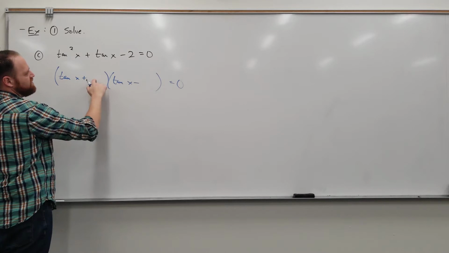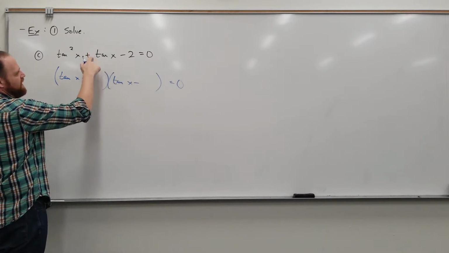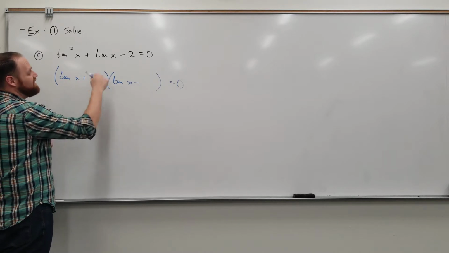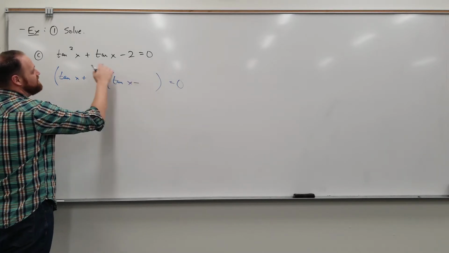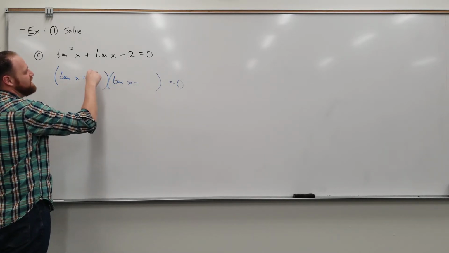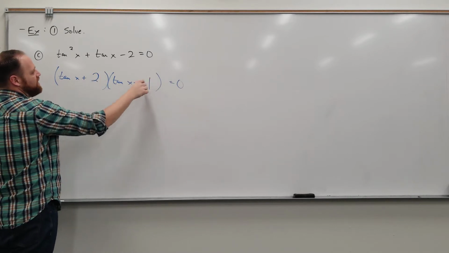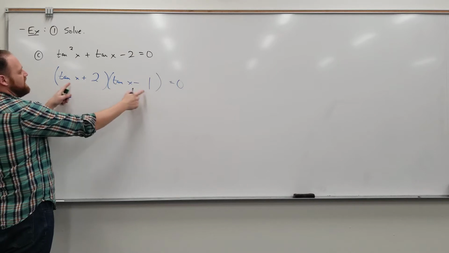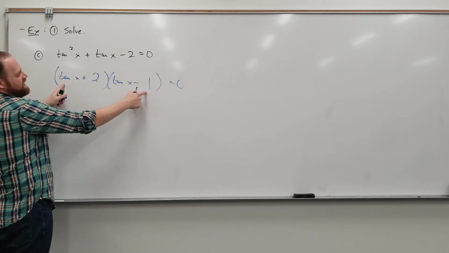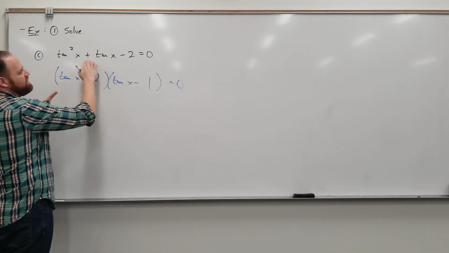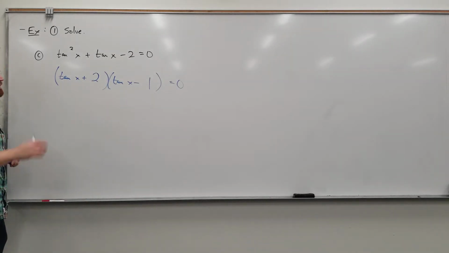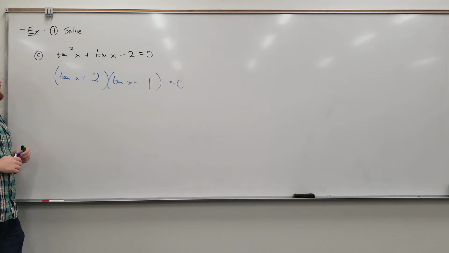So I need it to multiply to be negative 2 and add up to be positive 1, right? Oh man, it's been a minute since I've factored. We need it to multiply to be negative 2 and add up to be positive 1, so I'm thinking we put a 2 there and a 1 there. That way we get a positive 2 tangent x and a negative 1 tangent x. Those will combine to give us a positive 1 tangent x, and a negative 2. Anyway, so there's the factorization.